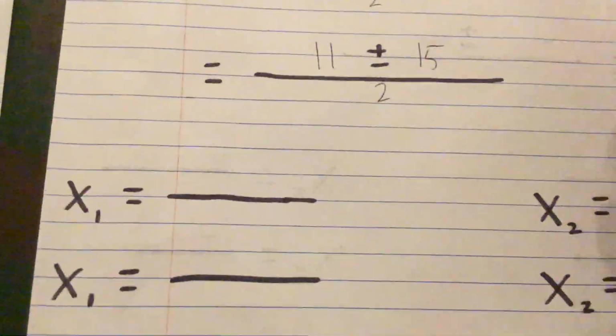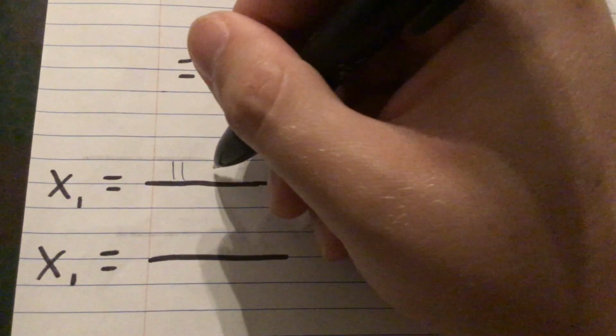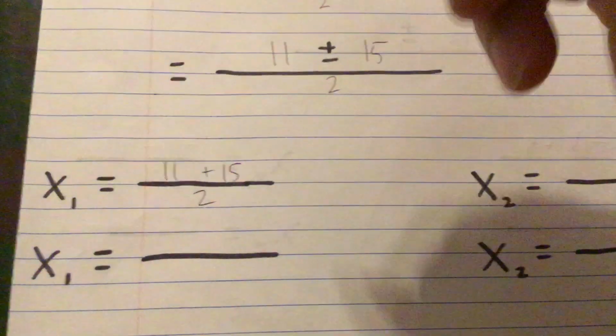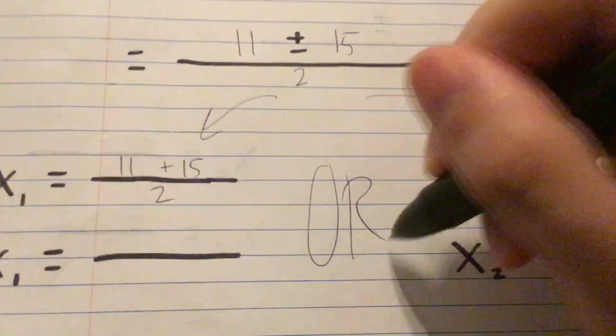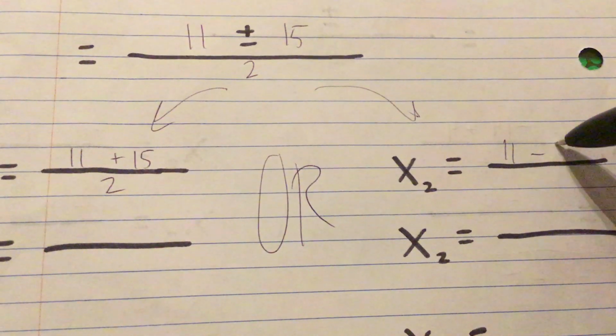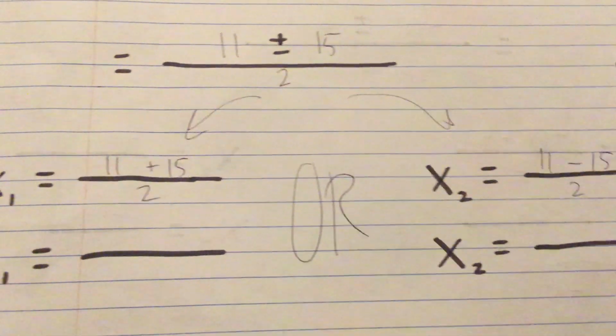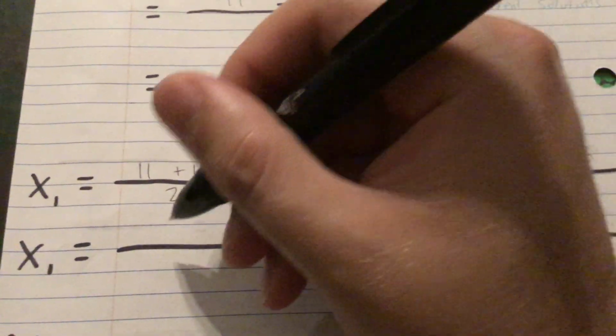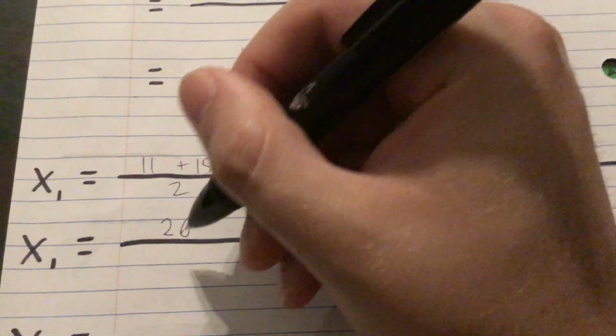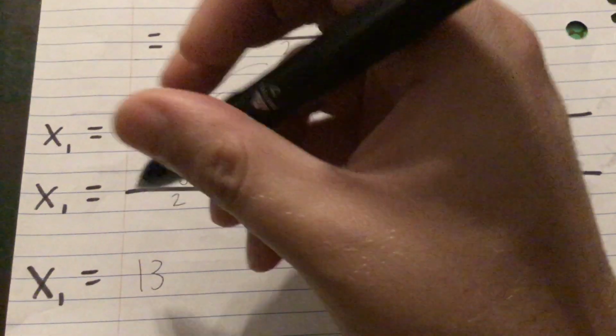So let's set them up. 11 plus 15 over 2, or 11 minus 15 over 2. So now, let's figure this out. 11 plus 15, that would be 26 over 2. And 26 divided by 2 is positive 13.